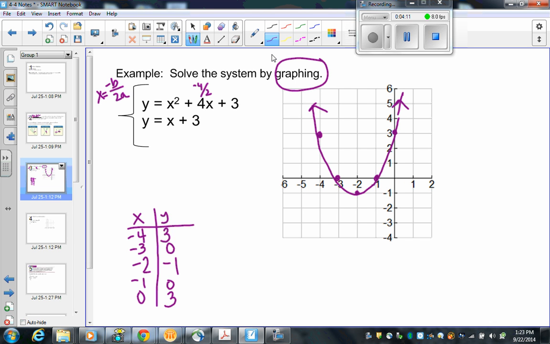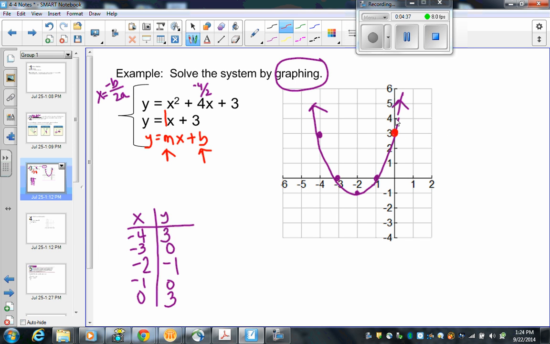Okay, now the next equation is a line. It's a linear graph. So when we graph lines, we think about it in the form of y equals mx plus b, where m is our slope and b is our y-intercept. Last year you talked about how to graph these. We start by graphing our y-intercept at positive 3. And from there, we use our slope, in this case 1, and slope is rise over run.